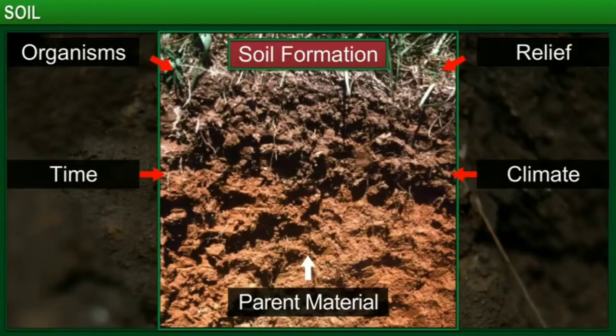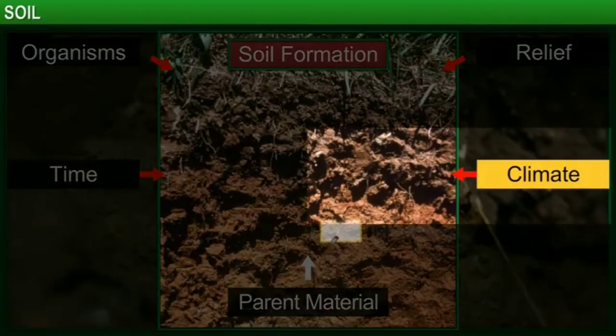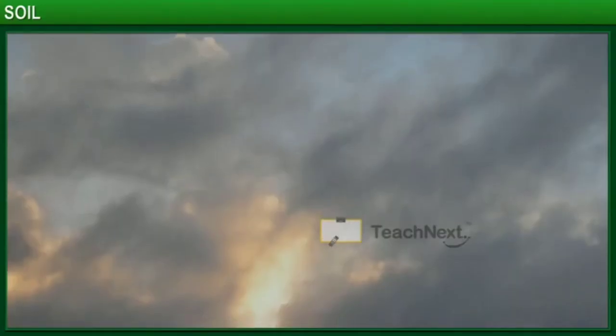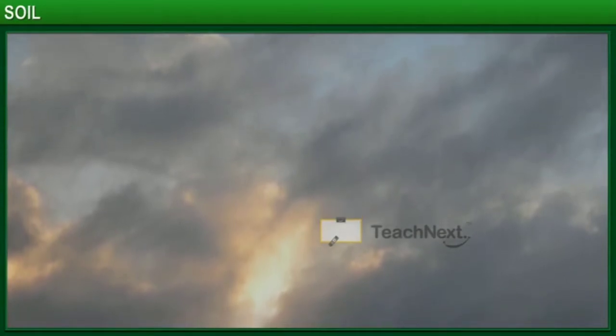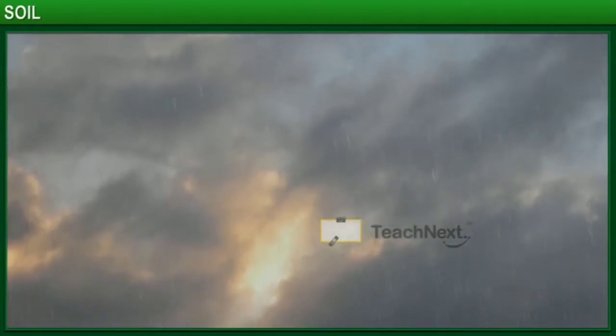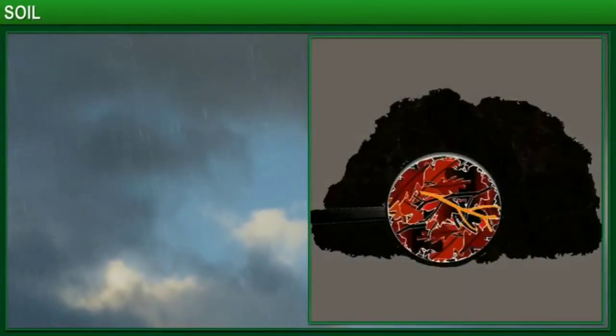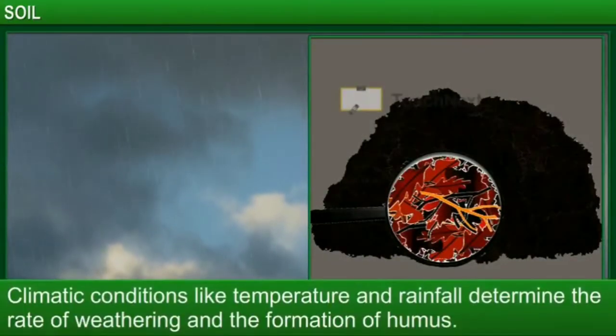The second factor that determines soil formation is climate. Climatic conditions like temperature and rainfall determine the rate of weathering and the formation of humus.